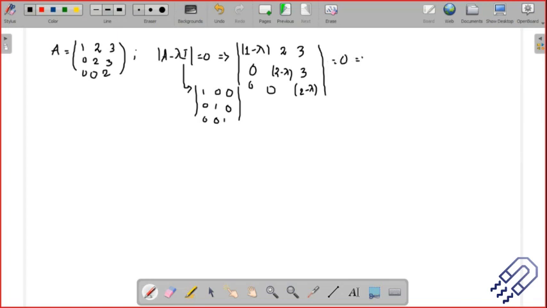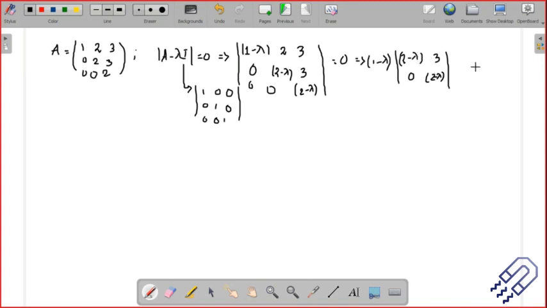If you do that, you can see the first term here is 1 minus lambda, and then you take this and this, with a bit more detail for the first term. This is 3, this is 0, this is again 2 minus lambda.